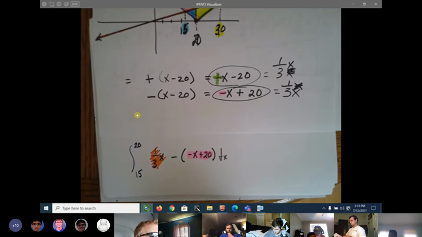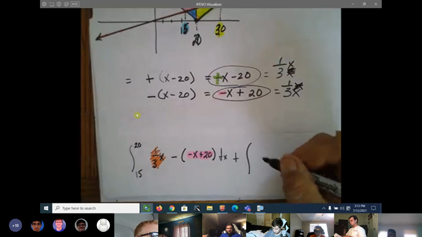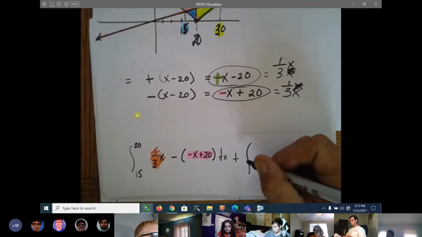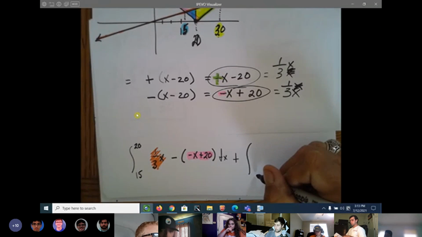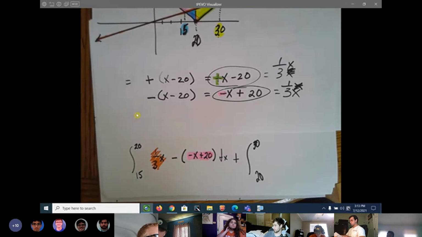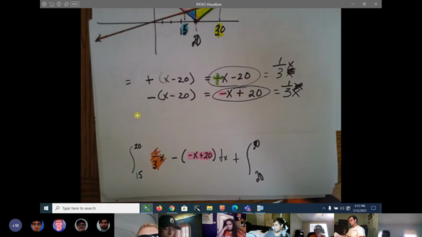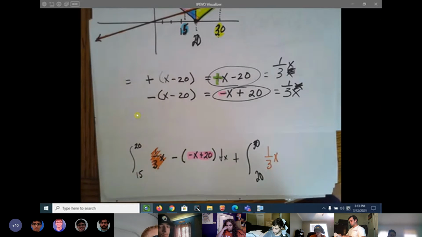All right, plus the antiderivative from where to where? Would it be from 20 to 30? 20 to 30. What's dominant? 1/3 x minus what?